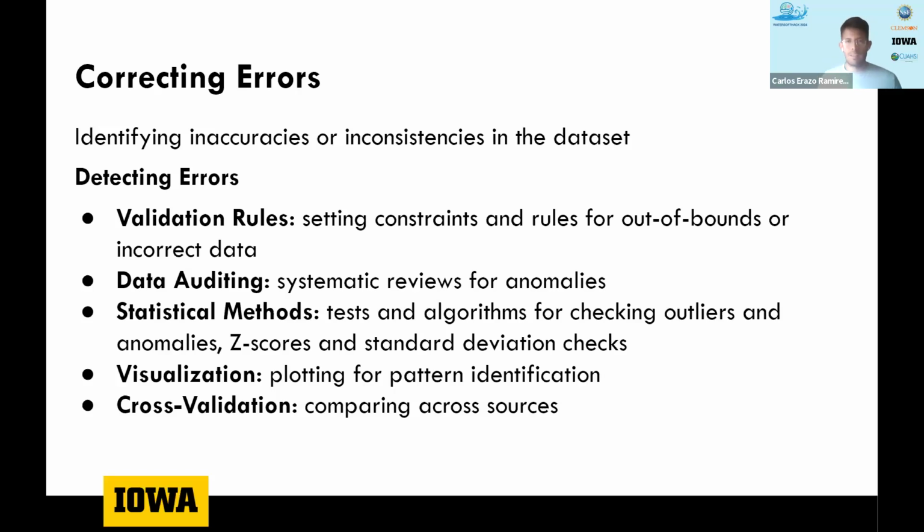There's nothing like seeing a chart and seeing how something looks, so visualization, to see, okay, maybe this doesn't make sense. Maybe I'm just missing a lot of information here and I should be feeding something different. So visualization is crucial for these processes. And cross-validation, by comparing across sources if the sources fall within the same scope, right?